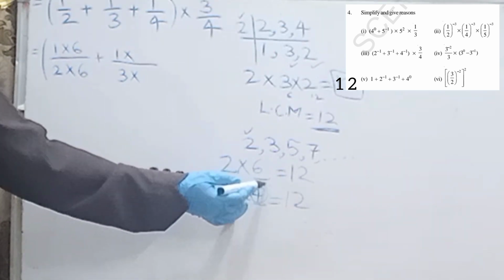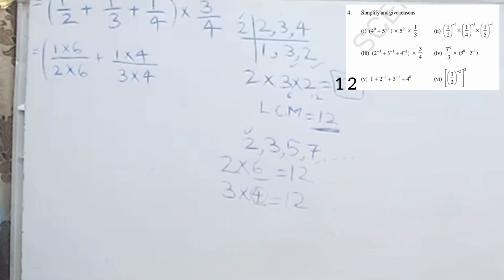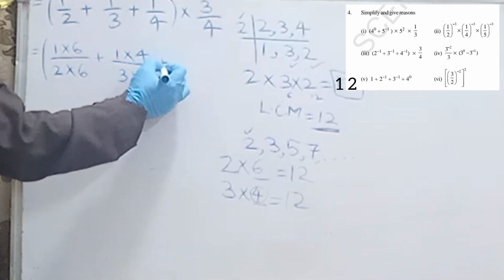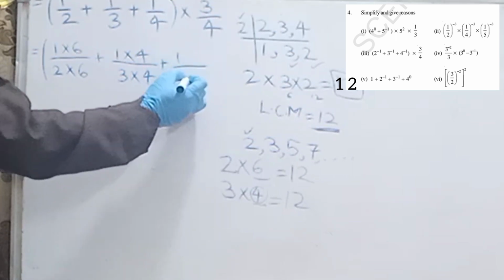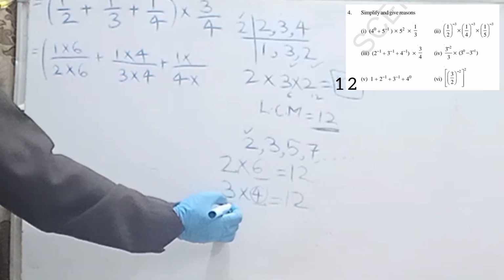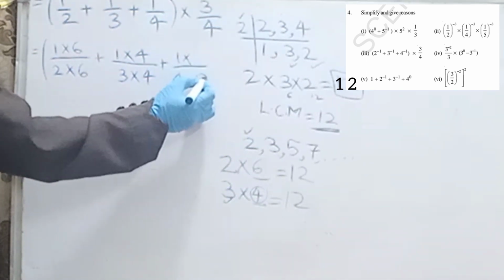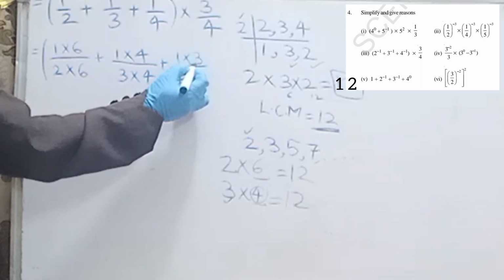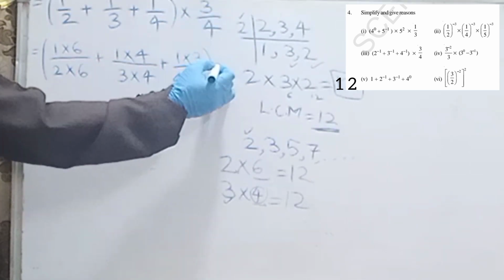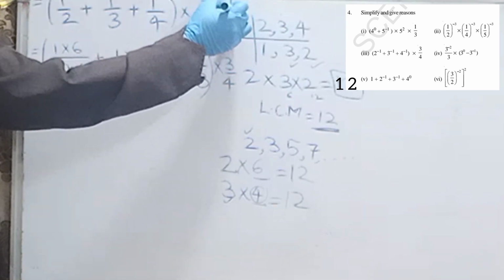So this 4 should be written here as well as in the numerator. Similarly, 1 by 4. Also we will extend like this and check in 4 table. We get 12 with 3 times. So we will write 3 here and 3 here. Then the remaining question as it is, into 3 by 4.